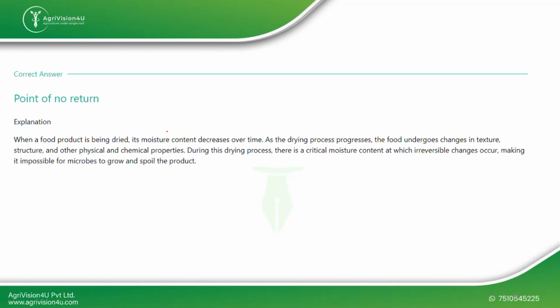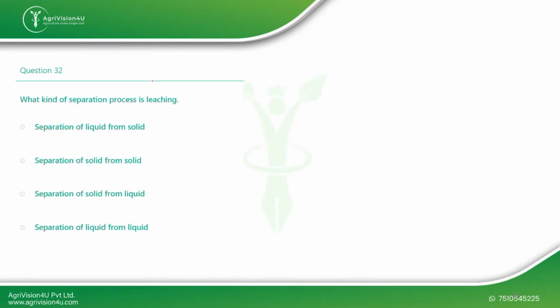Now, at the critical moisture content, the change will be irreversible. That means whatever change happens once won't go back to its original position or original texture. So that's why an irreversible change occurs, making it impossible for microbes to grow, or it will spoil the product. So that's why critical moisture content means you will have the point of no return.